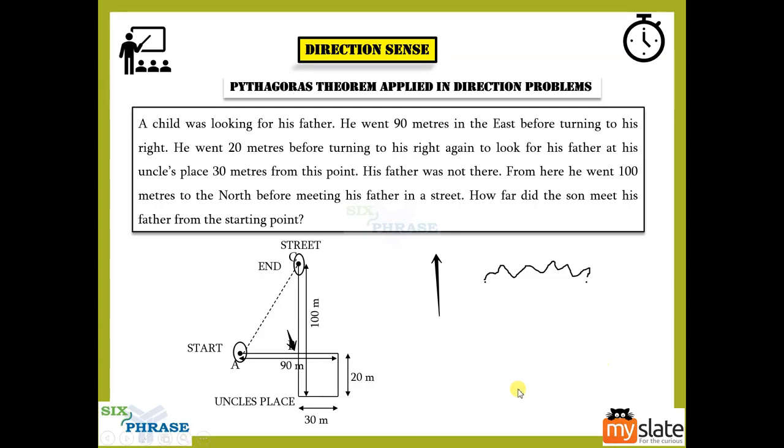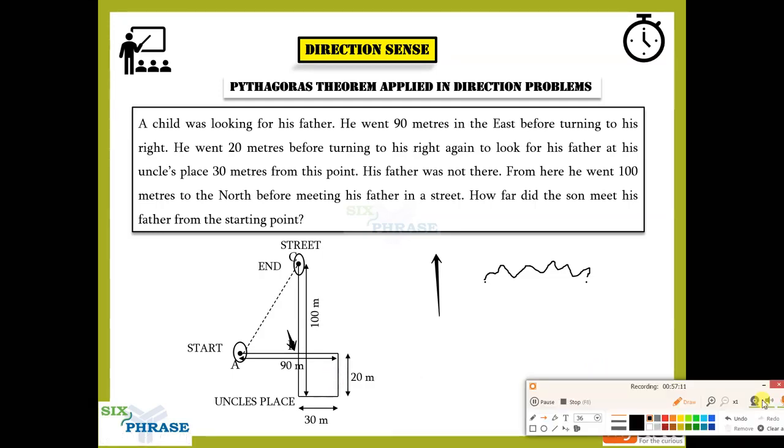So if you name it as ABC, this is the 90 degrees. So which is the hypotenuse? This is the hypotenuse.